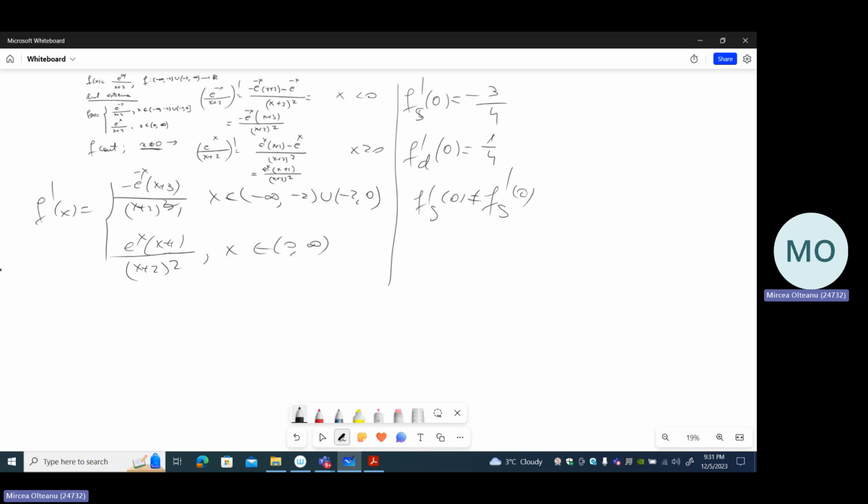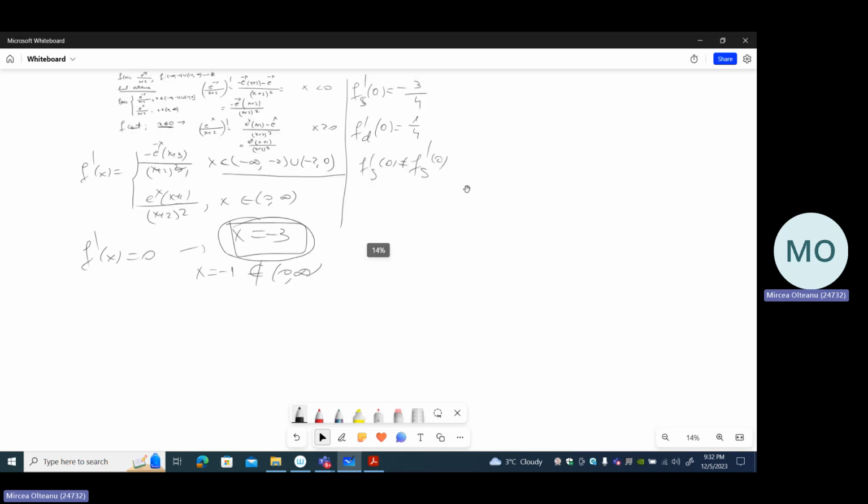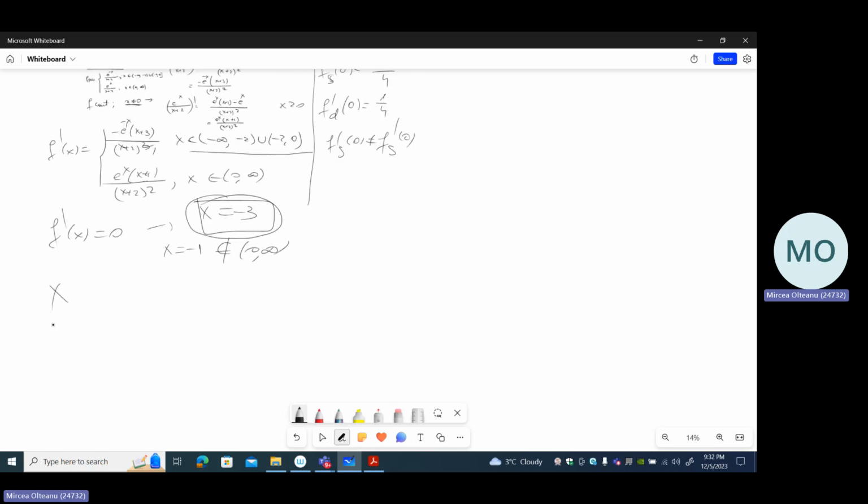Okay, now we need to compute the critical points, which gives us x equals minus 3 on this side. The next one gives us x equals minus 1, but it doesn't belong to 0, infinity. So we have only one critical point, which is minus 3. So the table of variation of the function will be x, f prime, f.